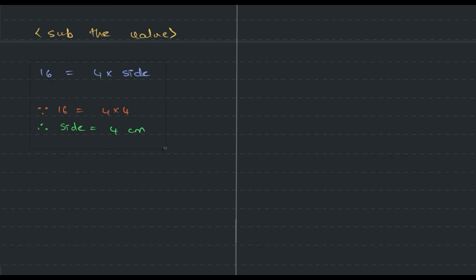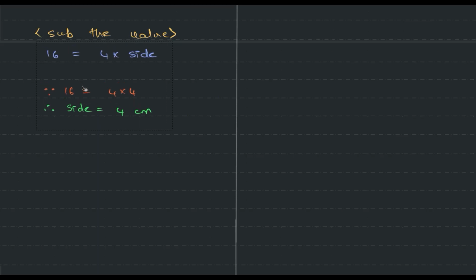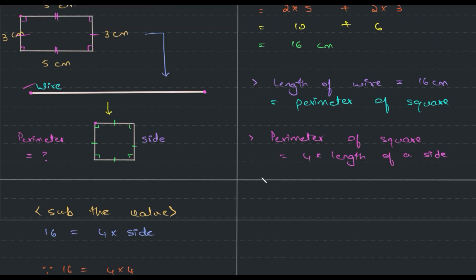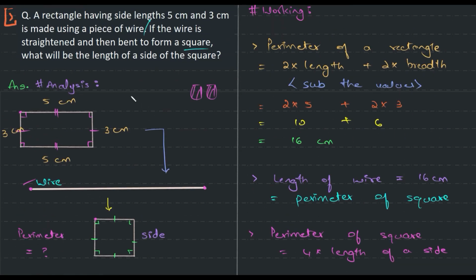Okay, so let me rearrange this a bit. Yeah, this looks okay. So what is the funda again? All I did was read the question, follow the path, draw everything, and it was easy for me to get the answer.